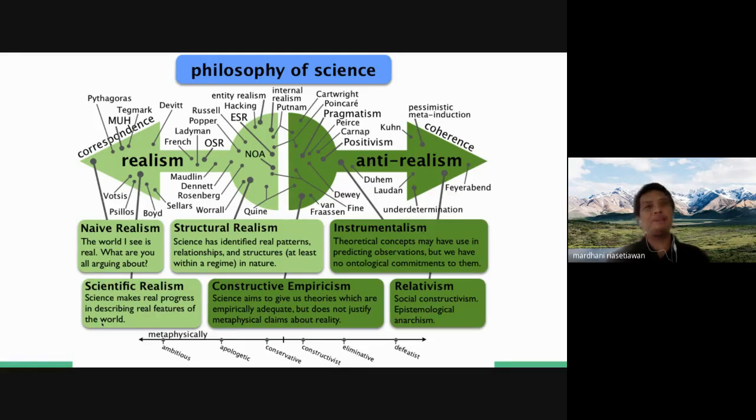And here we can see that metaphysics is like the level of how much we believe in realism and anti-realism. If we go to the left on my screen, we have the ambitious. The ambitious is relatively in the place of naive realism, scientific realism, etc. And then we have the apologetics, the conservative, then constructivism, then eliminative, and then defeatist.